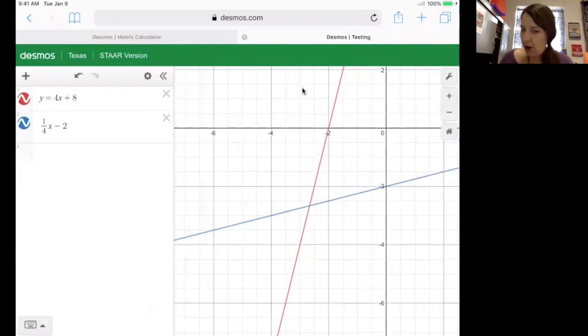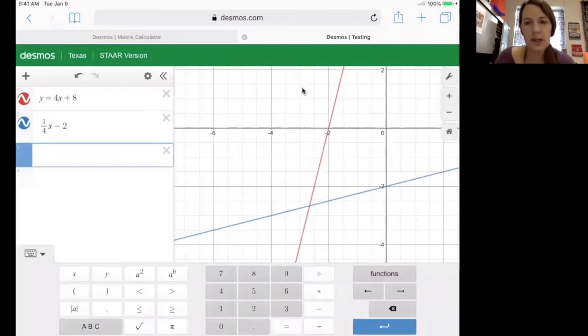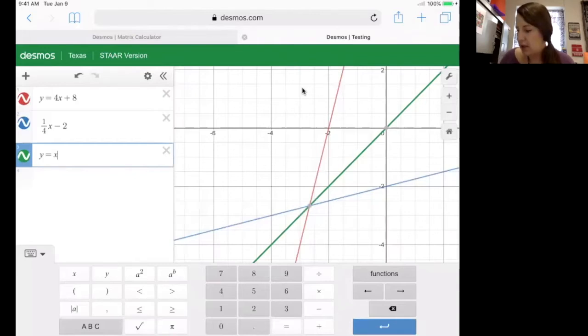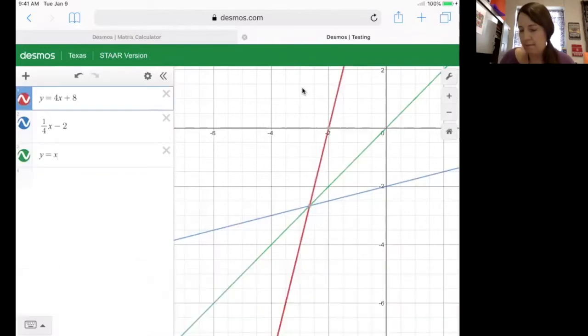If you recall, those are supposed to reflect across the line y equals x. So I'm going to go ahead and graph that line, y equals x. If I were to fold my screen along that line y equals x, you'll notice that I do reflect over that. So the top red piece would reflect over that right side of the blue line.